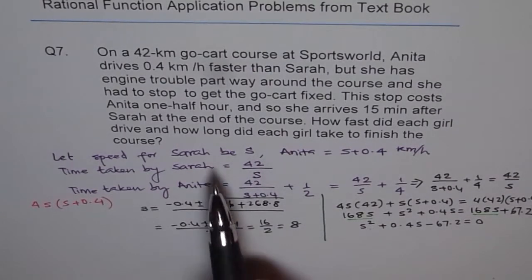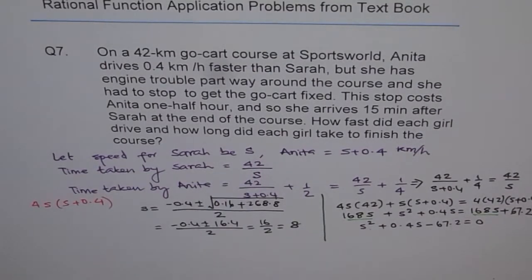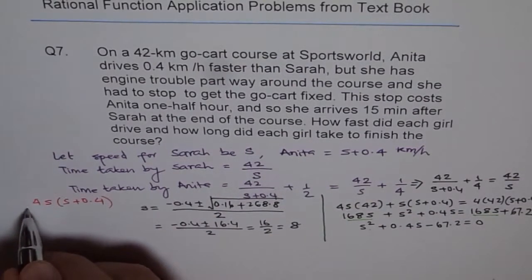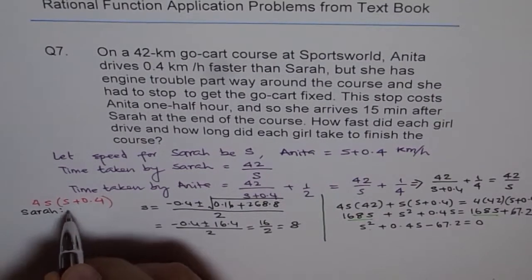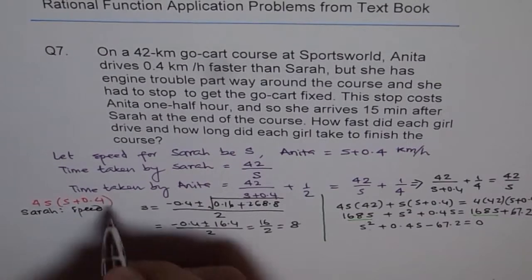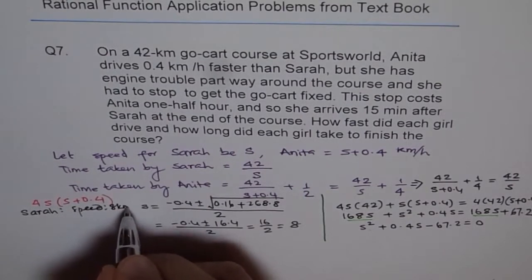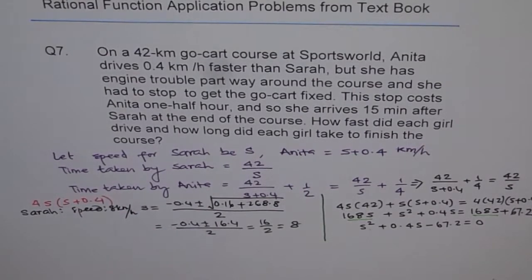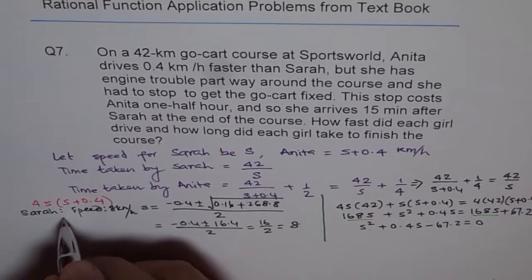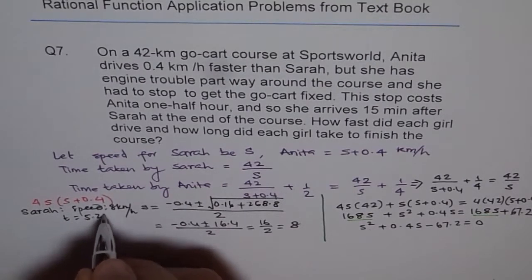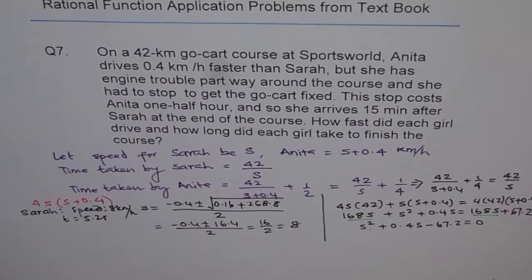So s, the speed of Sarah, is 8 kilometers per hour, correct? And the time taken will be 42 divided by 8, which is 5.25 hours.